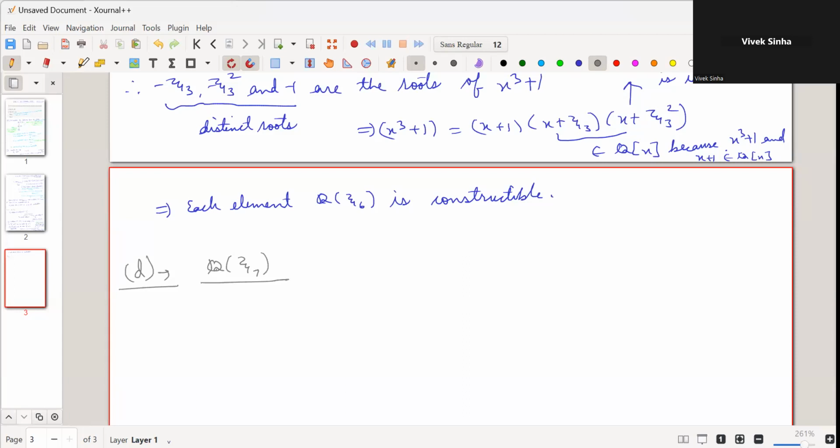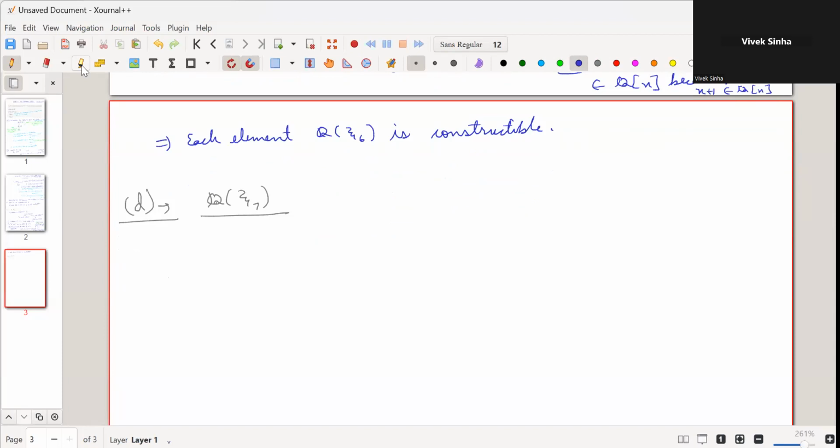So here again, each element of Q is constructible. So we just need to see xi 7, and xi 7 satisfies x7 minus 1, which is x minus 1 times x6 plus x5 and so on, that we have already seen.